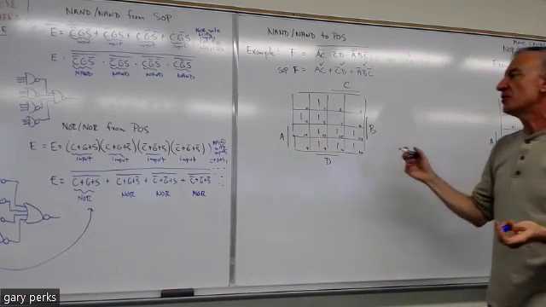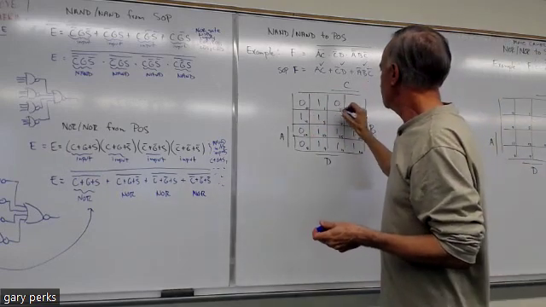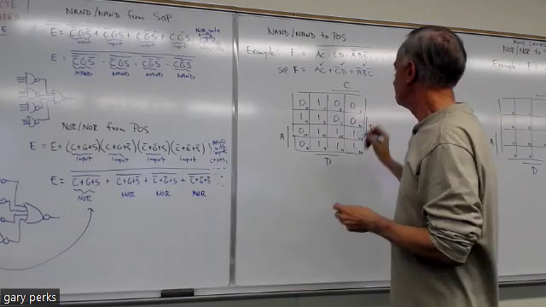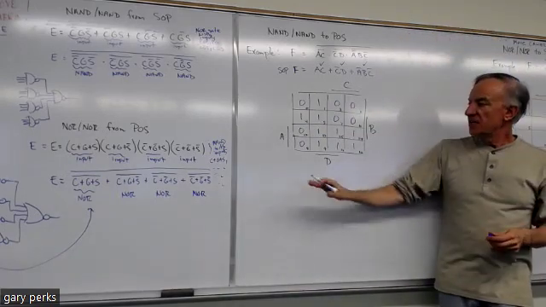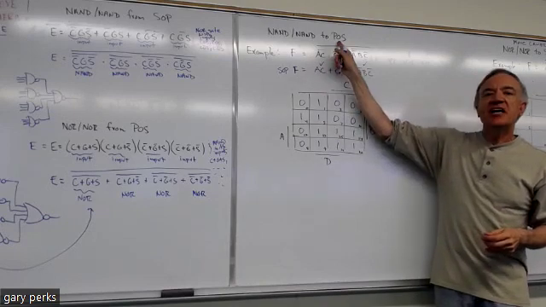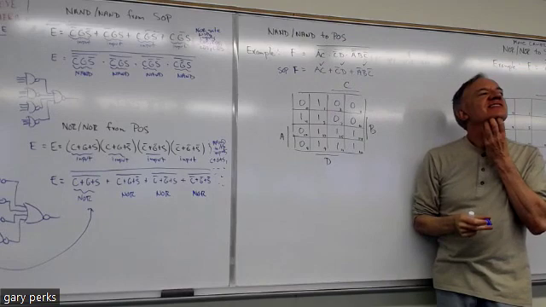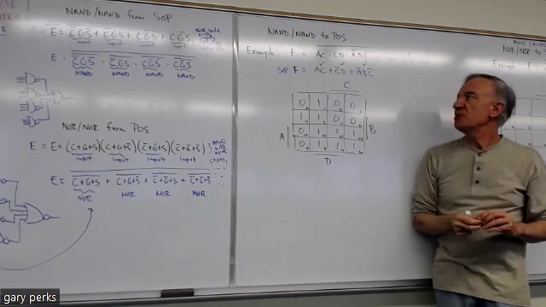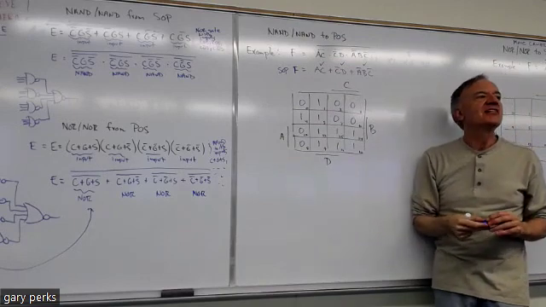So wherever there's not a 1, there's a 0. Let's put our zeros here. Now the next step, since we're after POS, you should be able to tell me what it is. If we want POS for F, we need to get what first?